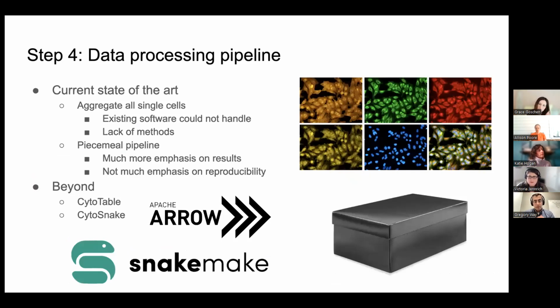We're also now butting up against what's currently state of the art. You can imagine in drug screens, where we're screening thousands to hundreds of thousands, maybe even 1 million compounds in a single experiment, that is a ton of data. Right now, the current state of the art is to take every single cell in your image and aggregate them to form one single data point per image.